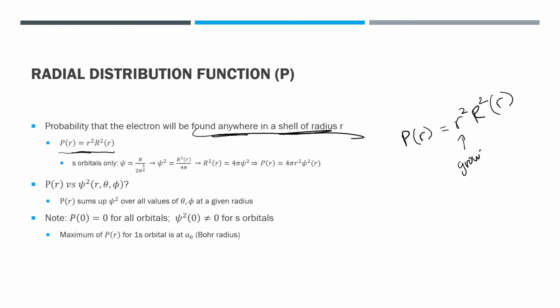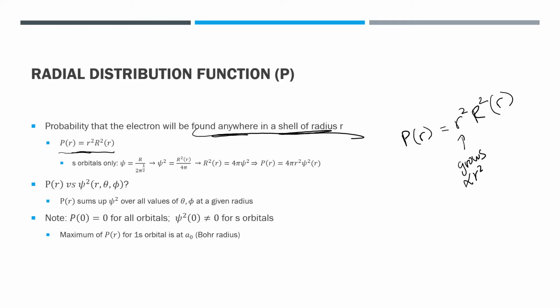Why? Because the surface area of my shell as I go outwards is increasing by r squared. So I have more possible places to see my electron as I go farther and farther out. My surface area is increasing by r squared, so my probability should increase by r squared.